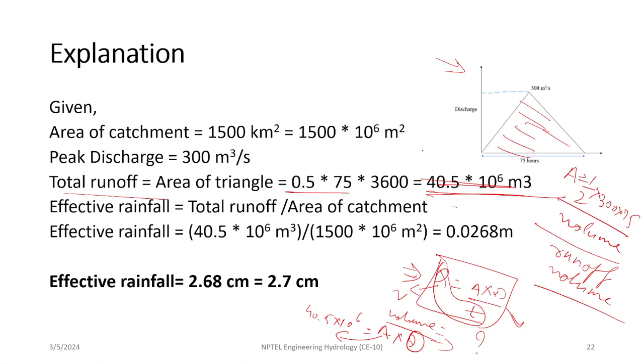But we have to convert it into seconds, no? It is in 75 hours. That also we have to do. Yes, I think we missed it. That's one more correction. Then this is 60 into 60. So 0.5 into 75 into 3,600 into 300.